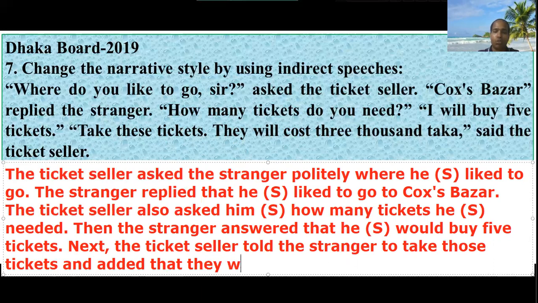Will means would. If you find will, you have to say would. And cost is V1, the principal verb, so there is no sense because there is the auxiliary in this sentence. Cost 3,000 taka.